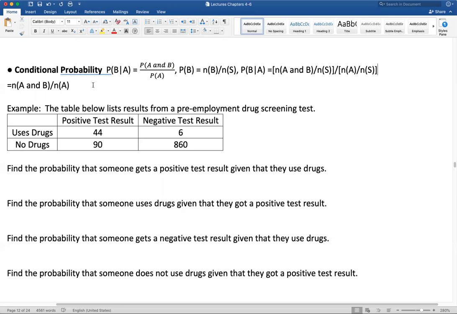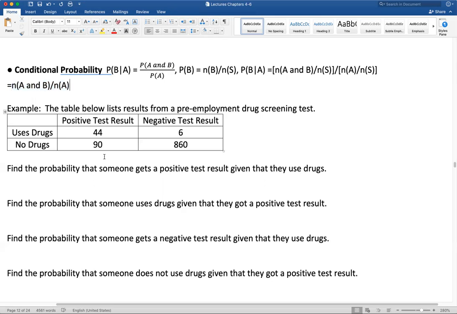Simplifying this, we get the formula. All right, so this is the actual formula to figure out conditional probability. Keep this in mind.